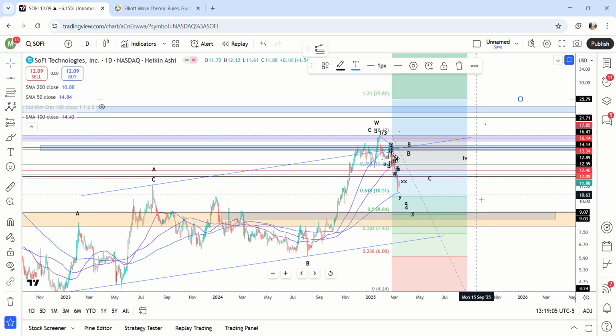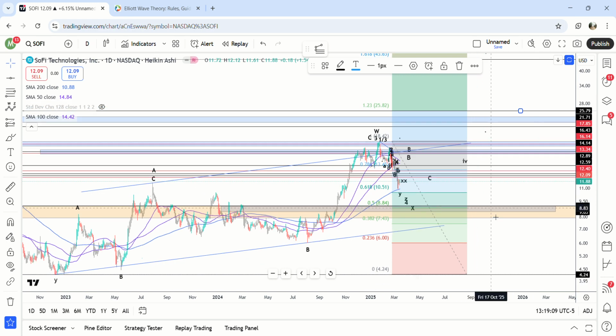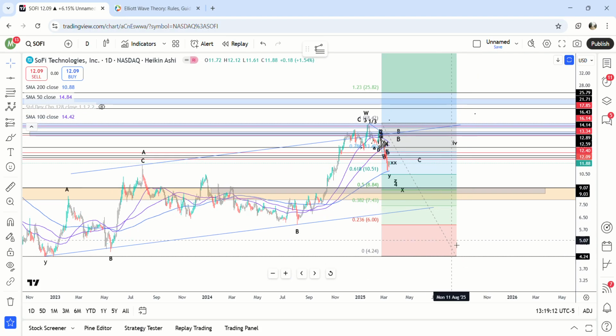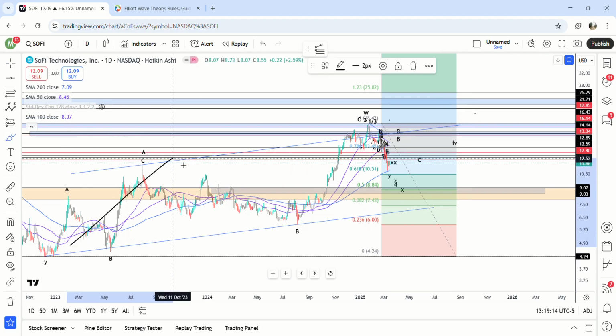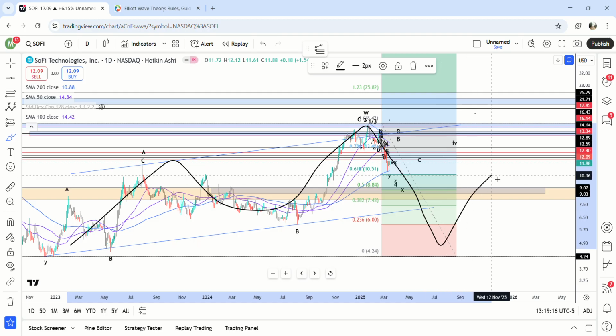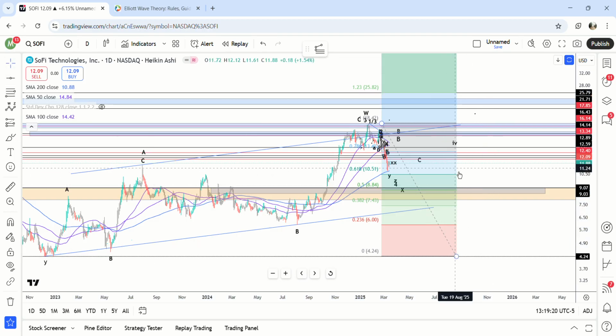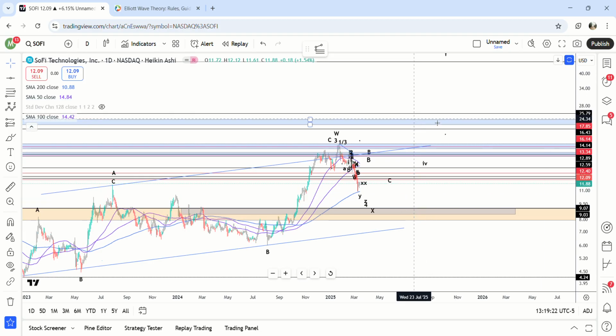I don't think the 1.61 makes very much sense. That would make more sense if we came all the way down here to 5 bucks and it went like this. And that was it. But if we don't go down that far, then it makes more sense to go up to these higher ranges up here. So the 1.23 fib is at 26, and then you have 45 bucks up there.